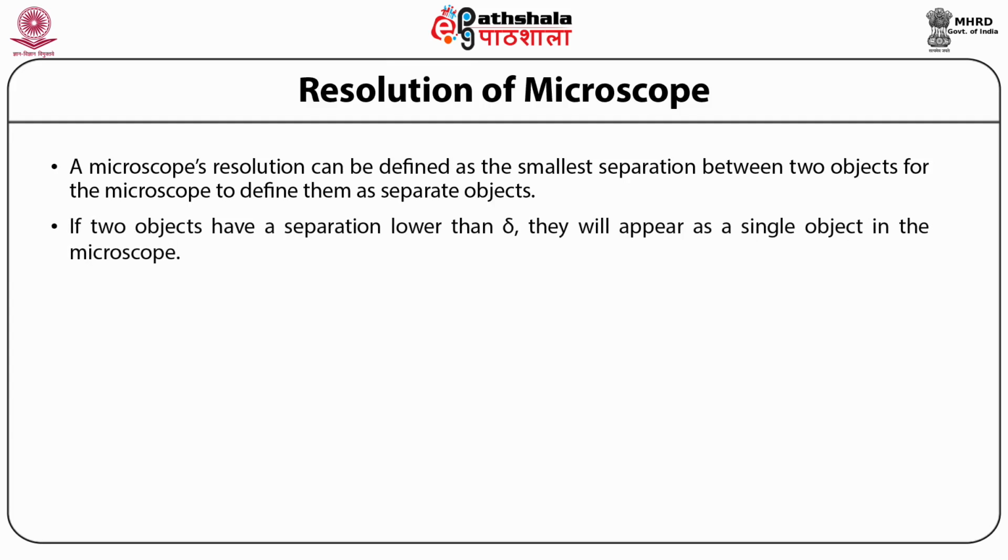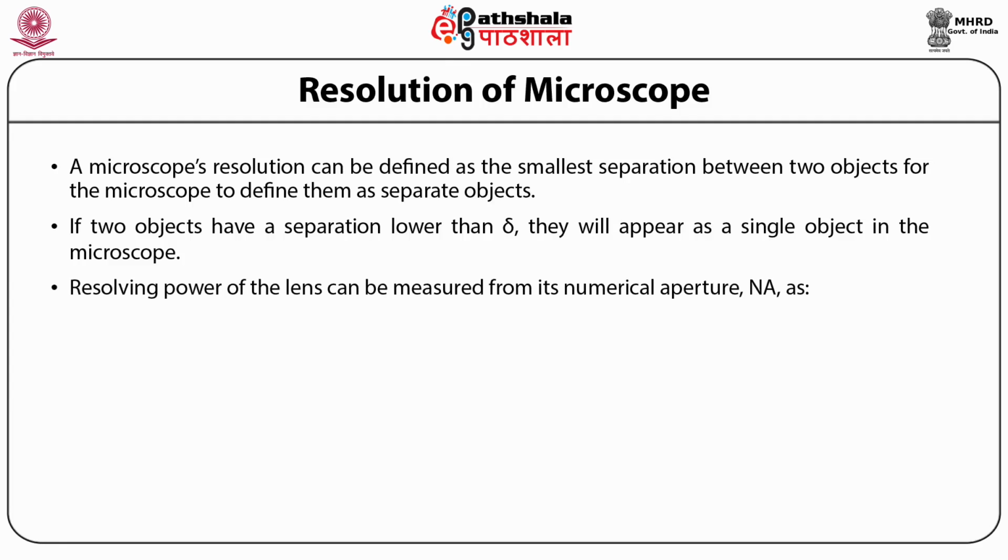If two objects have a separation lower than delta, they will appear as a single object in the microscope. Resolving power of the lens can be measured from its numerical aperture NA as delta equals lambda divided by 2 times the numerical aperture. Here lambda represents the wavelength of the light which is used.